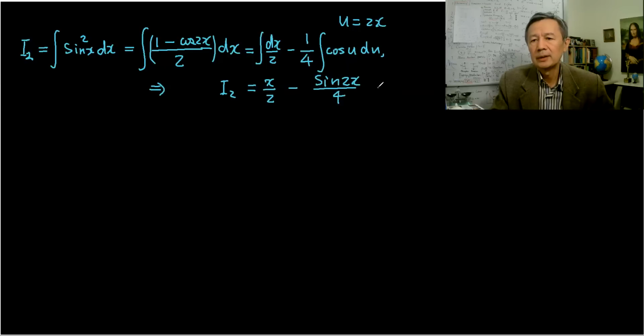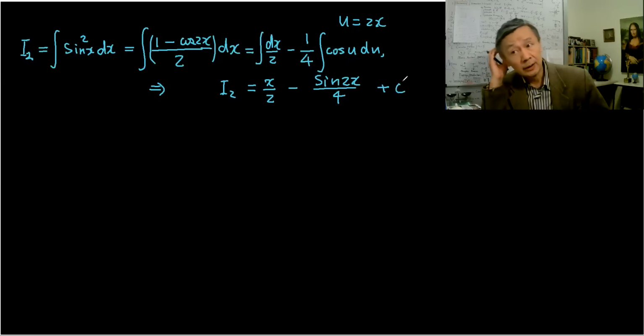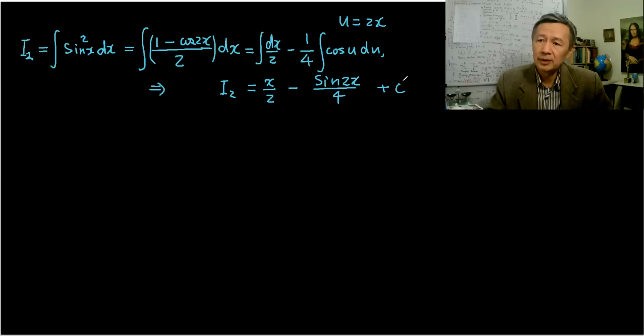Apart from the constant. Sometimes you have to add the constant, because some IB examiners are very strict, and if you miss out this constant, you lose 1 or 2 marks, which is a nuisance.